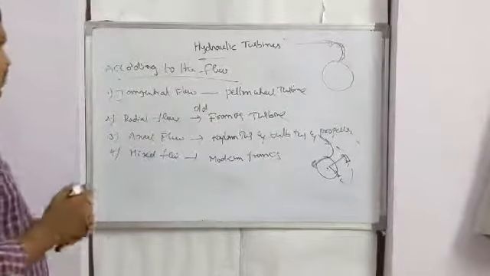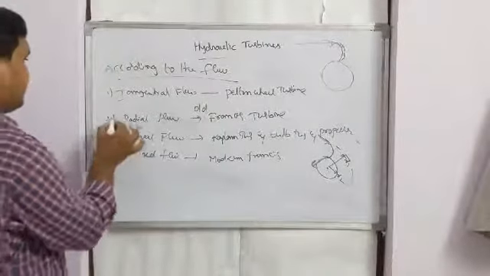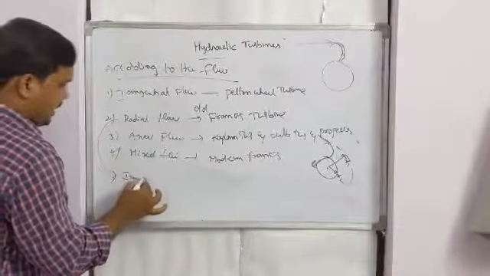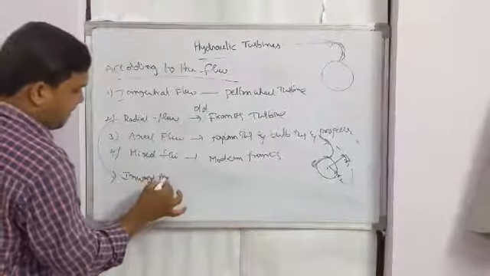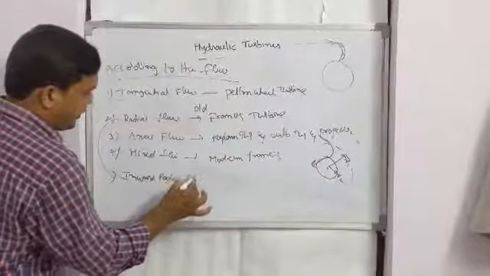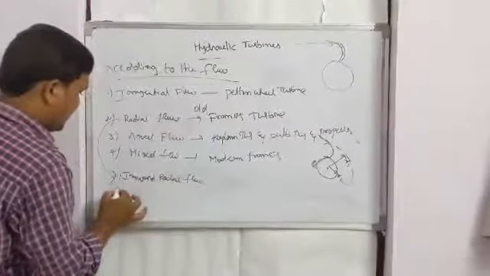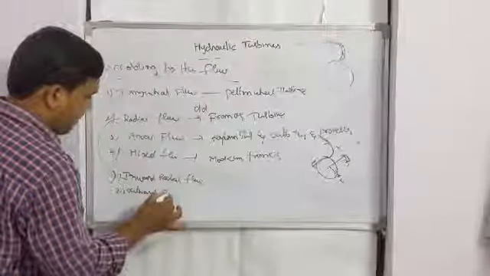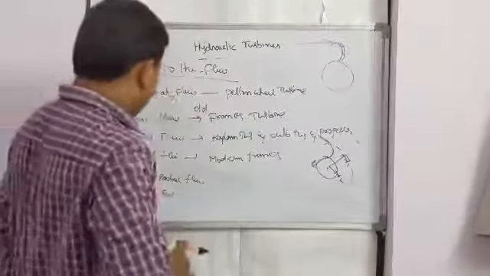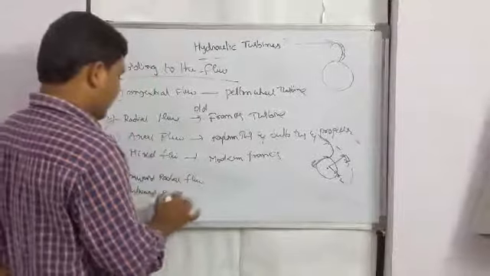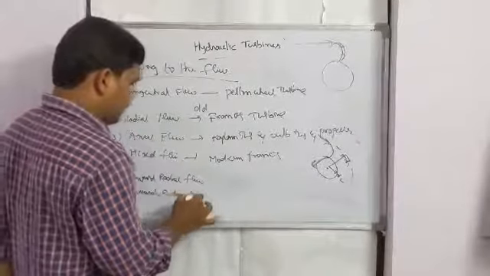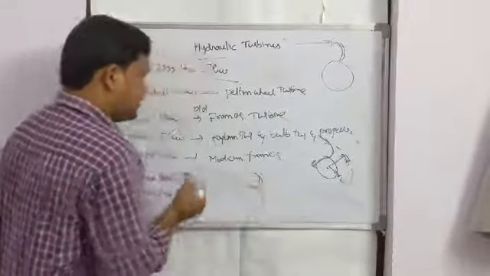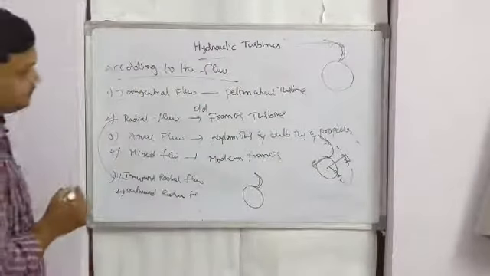Radial flow can be classified into two types: inward radial flow and outward radial flow. What is inward radial flow, and what is outward radial flow? Let us see. This is a blade on a wheel.